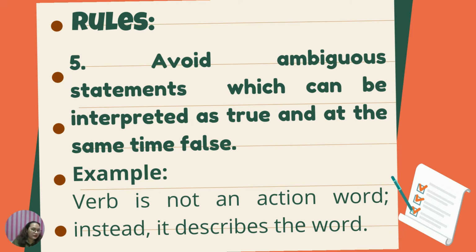So if we are going to answer this statement, automatically the answer is false. Right? So we should avoid ambiguous statements, or we should avoid questions that will give two meanings to our students, because they could interpret it as something that is true or something that is false.